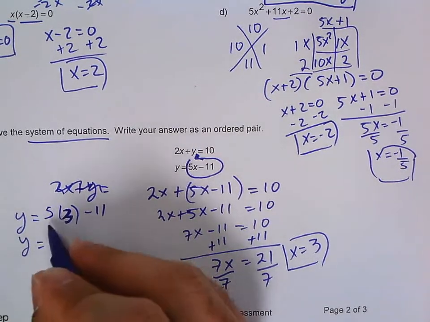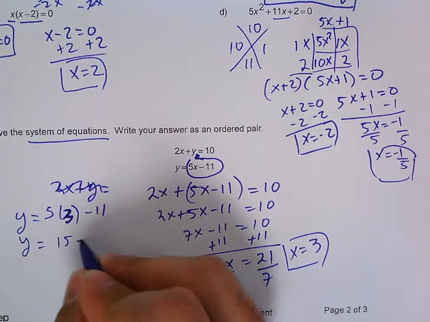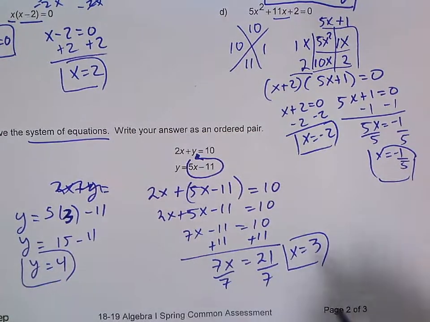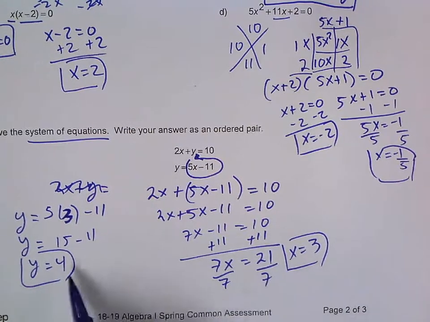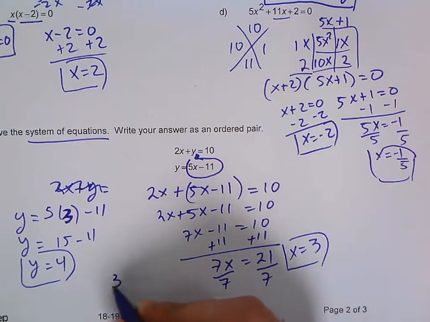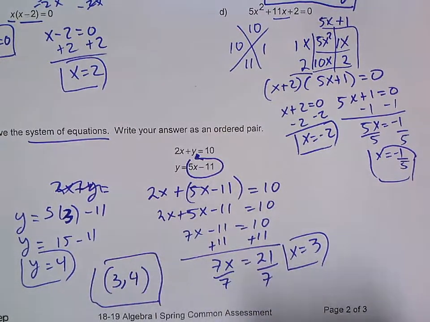So I'm left with 15 minus 11. That's 4. Now that you've found the value of x and the value of y, do not forget to write them as an ordered pair. That will be 3, 4. And that's the answer for this system.